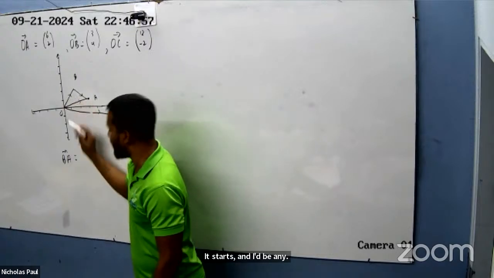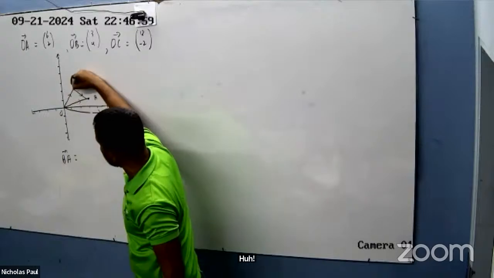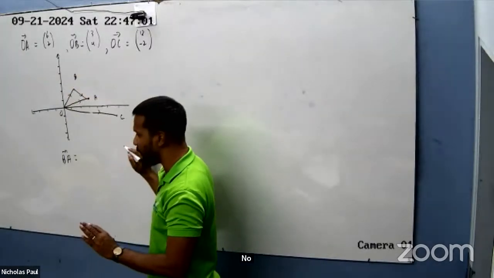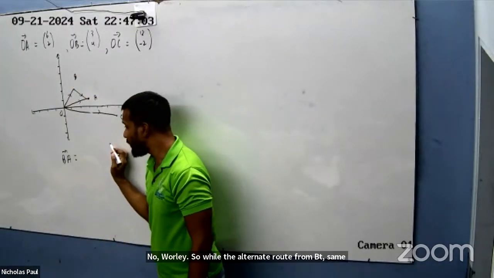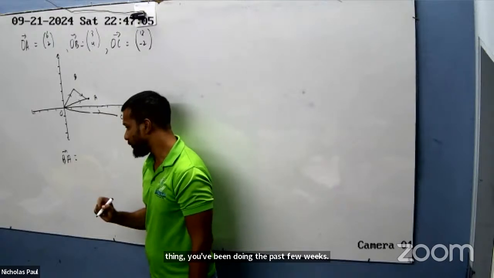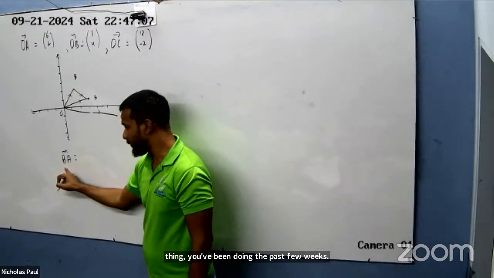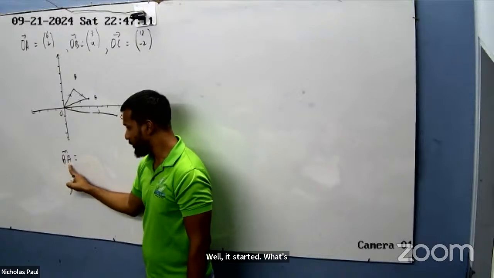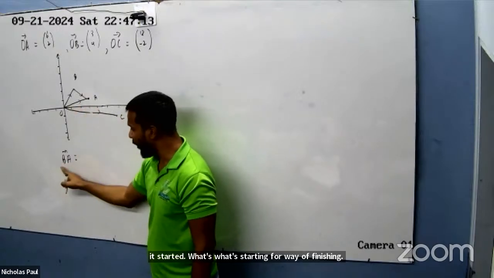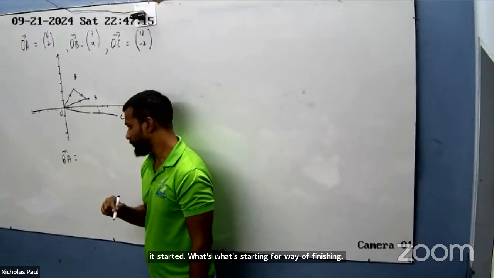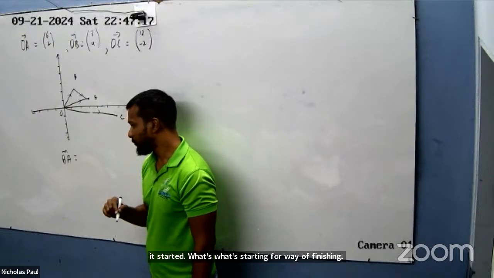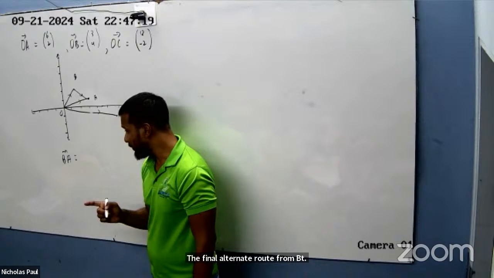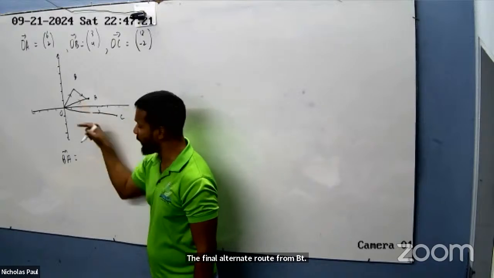No, what's the alternate route from B to A? Same thing you've been doing the past few weeks. Where are you starting? Where are you finishing? To find an alternate route from B to A. Where are you starting? So where are you going next?